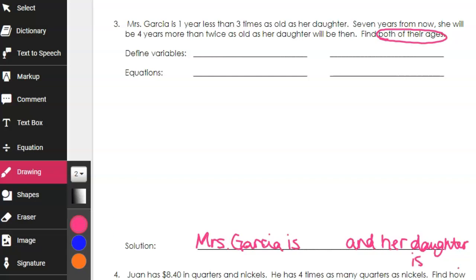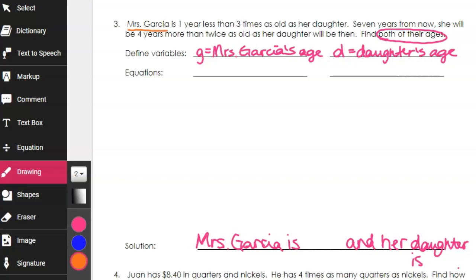Okay, we're comparing their ages, so perhaps G could represent Mrs. Garcia's age. And D could represent her daughter's age. Okay, so I need to create my equations.